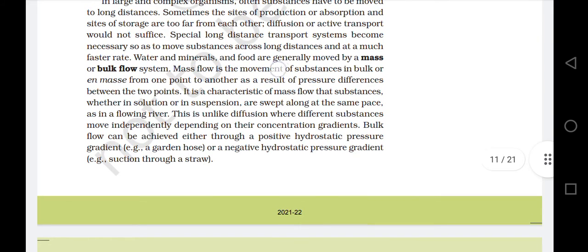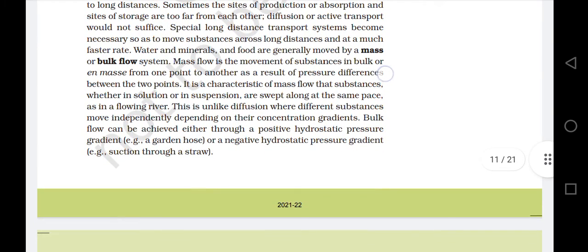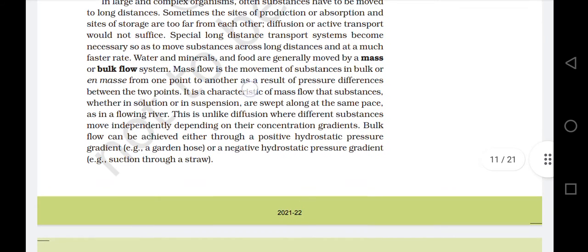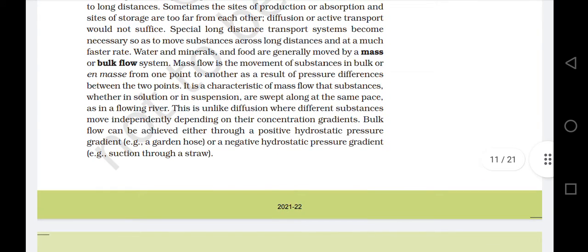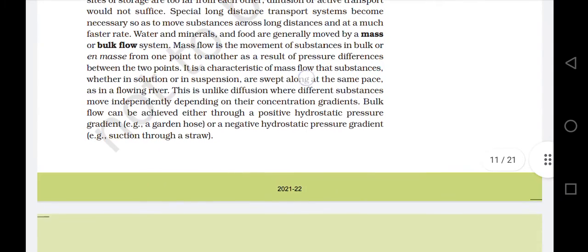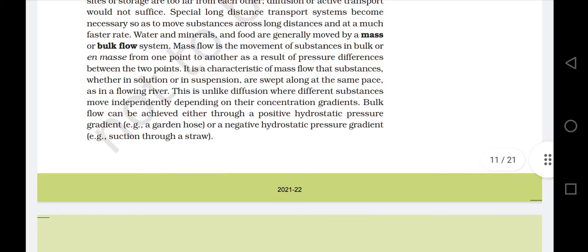Mass flow is the movement of substances in bulk or en masse from one point to another as a result of pressure differences between the 2 points. It is a characteristic of mass flow that substances, whether in solution or in suspension, are swept along at the same pace as in a flowing river.